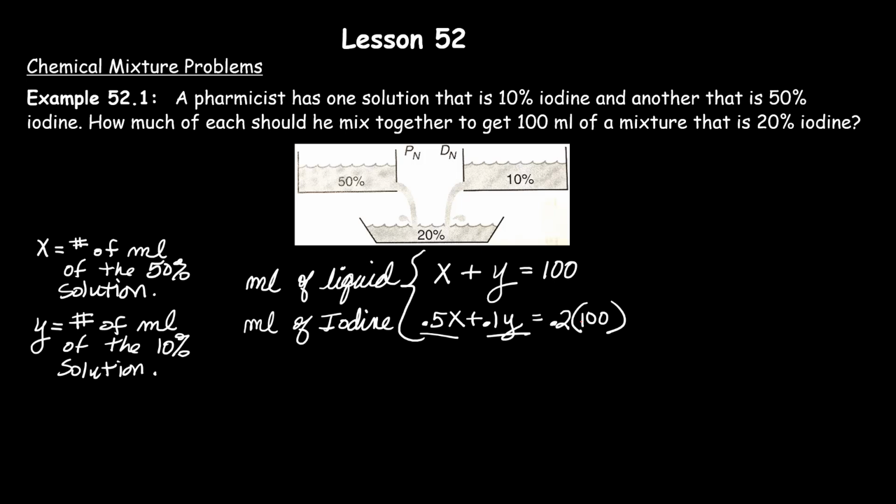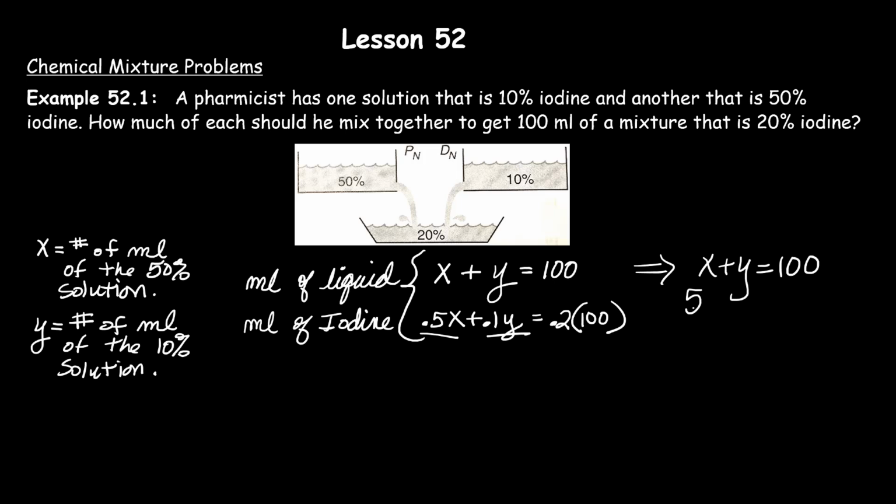Okay, so first thing I'm going to do is get rid of those decimals because I don't want to work with those. So I'm going to rewrite the first equation just the way it is, x plus y equals 100. And the second equation, I'm going to multiply the whole equation through by 10 so that those decimal points all move over to the right one place.